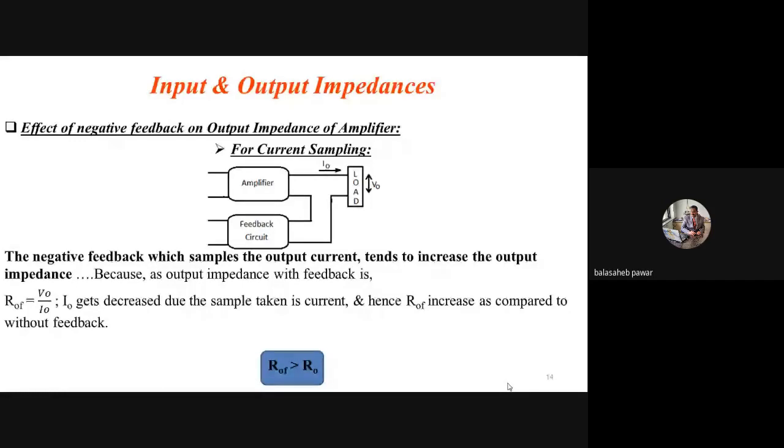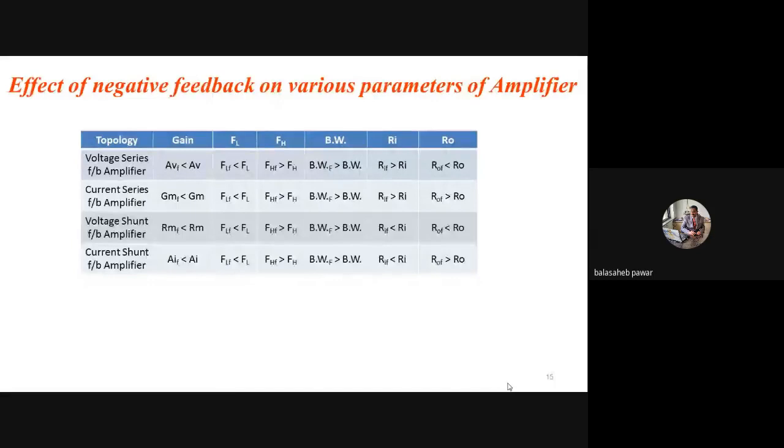Now the most important table, you can compare all these things we studied, that is the effect of negative feedback on the various parameters, using a single table. You will observe the first 4 columns are applicable to all types of amplifiers. All types means voltage series, current series, voltage shunt, current shunt.